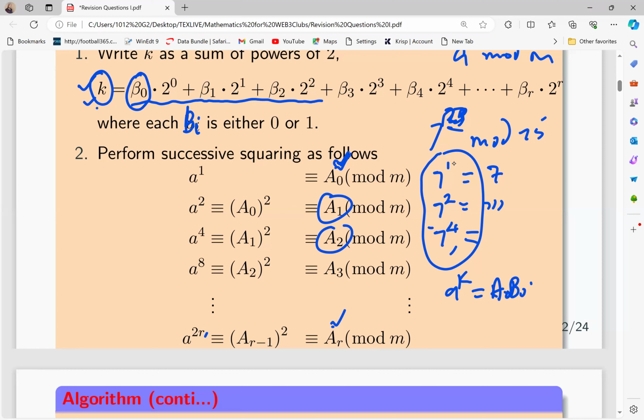Then times, take this a1 and multiply by beta 1. Again, beta 1 could be either 0 or 1. Is that okay? That process continues up to times a r multiplied by this beta r.